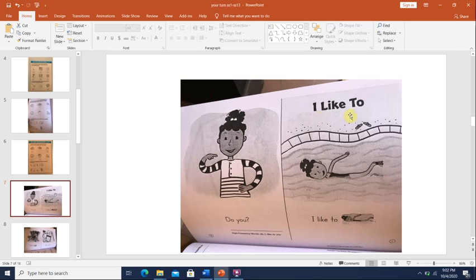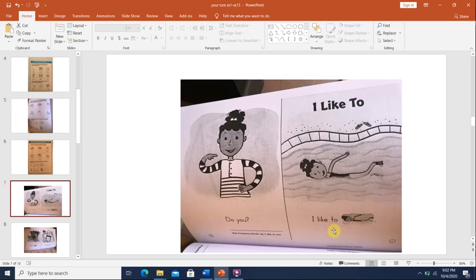Okay, here you have like. Here the I says I because there's a magic E at the end. If we cover the E, it would be lick. I lick. No, but here there's magic E. So the magic E says I. So that's why this word says I like. I like to. And we can go on reading.